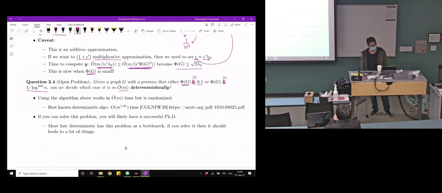That's a big open problem. We can do it close to linear, but it's slower by a polynomial factor. But if you can do it in nearly linear time, it's very likely that it can be used to speed up a lot of other things, and you will get a really good thesis from here.